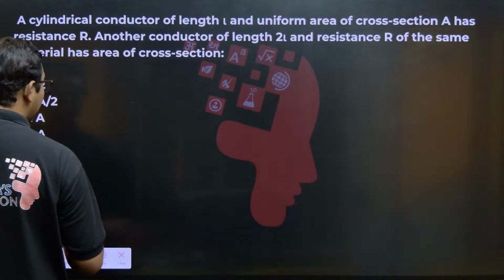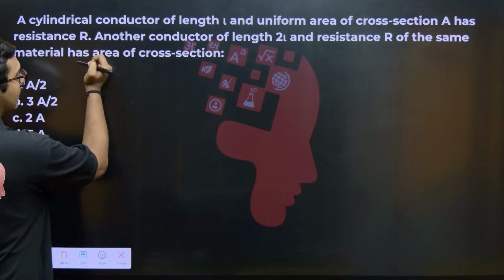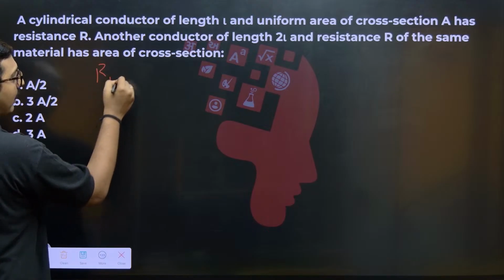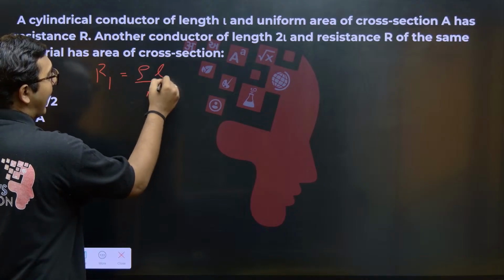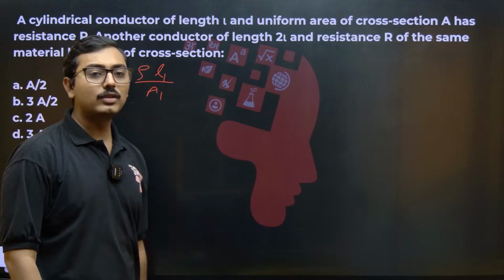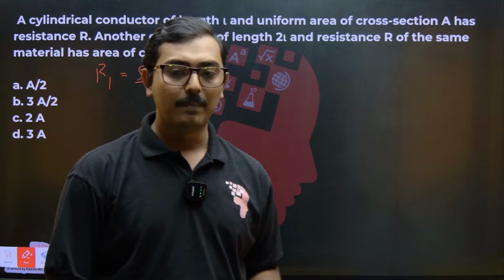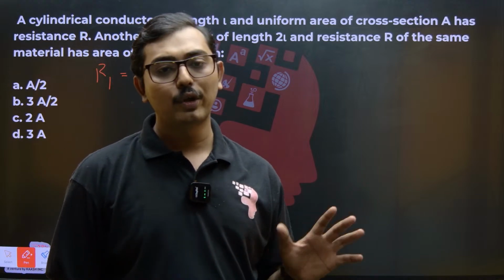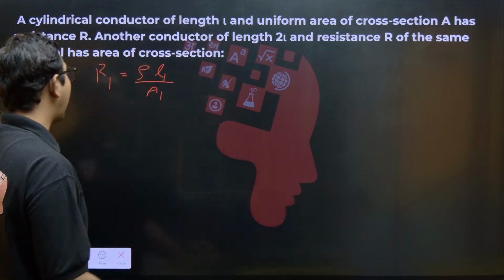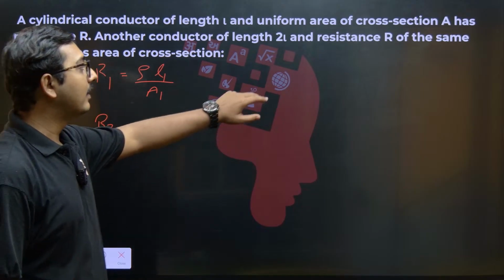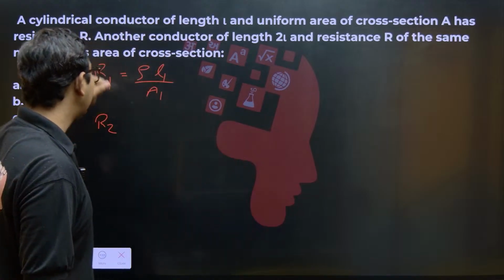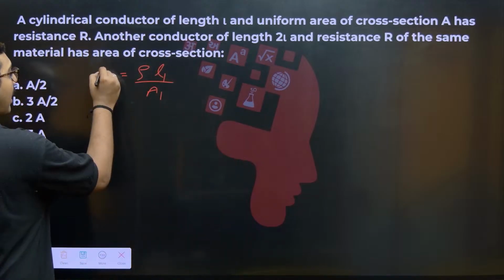We will first find the original resistance R1 to be rho L by A, that is L1 and A1. Rho is not going to change because the material remains constant. Again R2, but what is it saying? The resistance remains constant, so we will say it is R only.